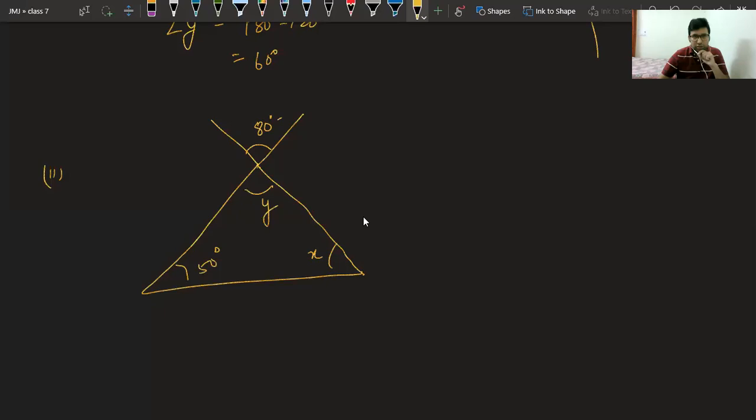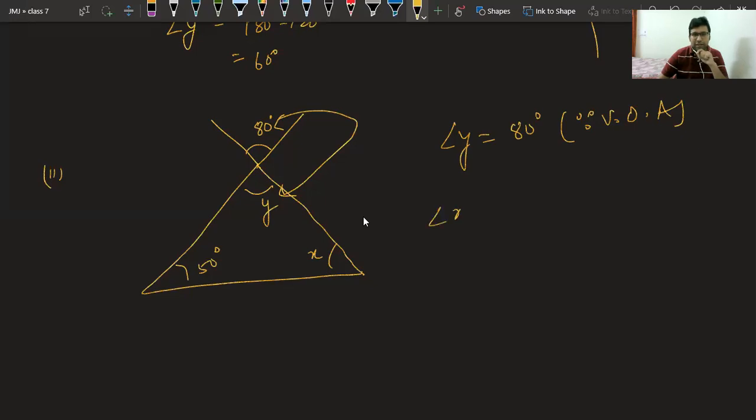We all know these two are known as, class please confirm, these two are known as... Yes, very good Tushita, very good Kavish, Vivan, very good. They are vertically opposite angles. So we can say angle y is equal to 80 degree because vertically opposite angles.